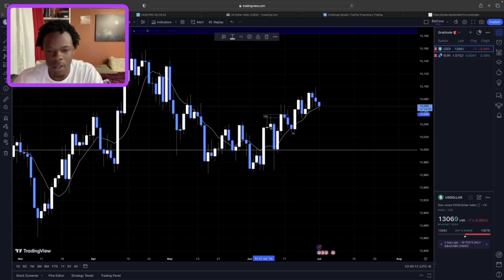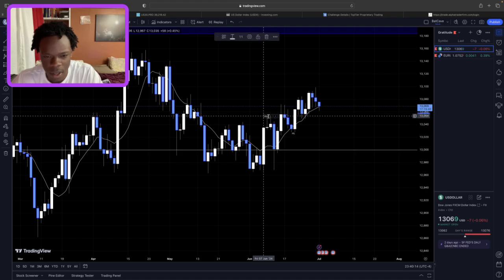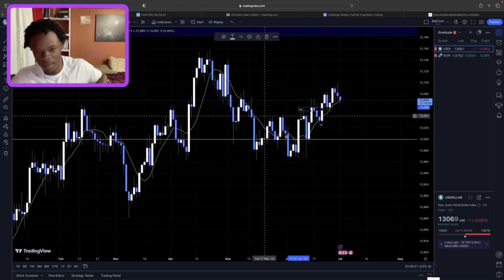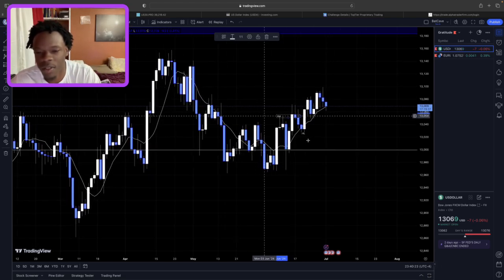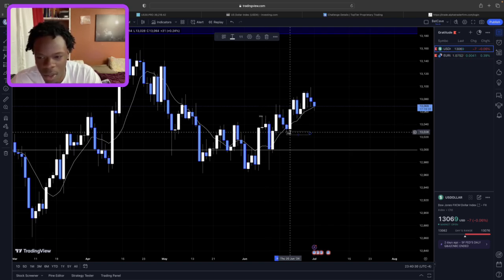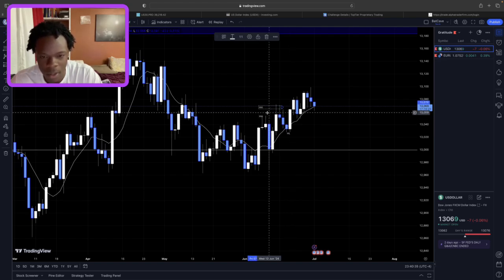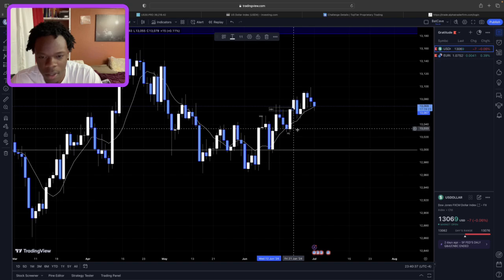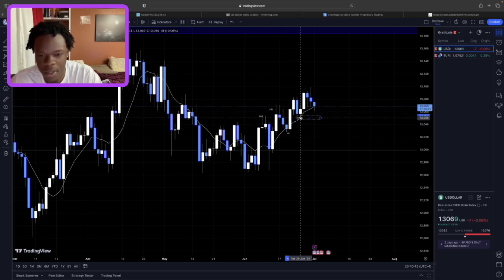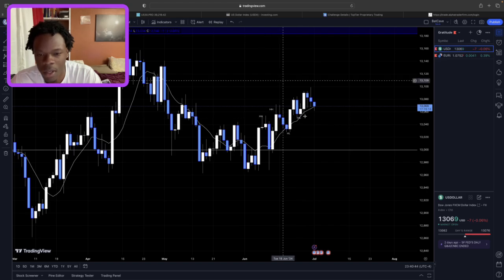Price action created a bit of a downtrend in May, found support around 13,000, and created a higher high around 13,040 and a higher low around 13,028. It then created another high here and another higher low, signaling a bull run.